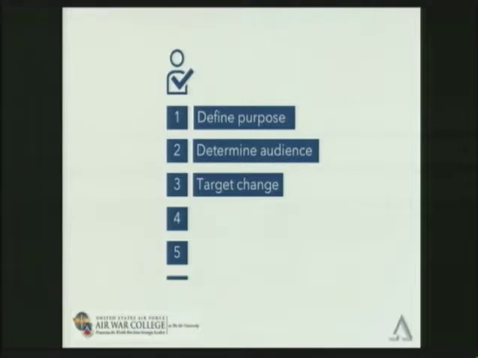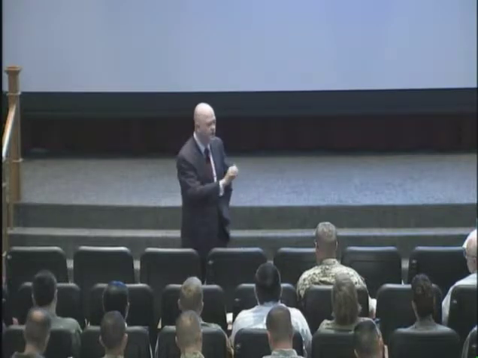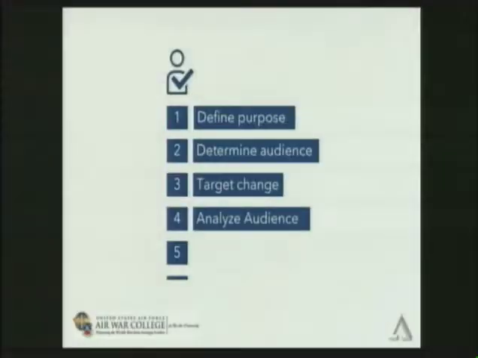These 3 steps are relatively easy. These 3 steps are very straightforward. All it requires is clear thinking, a little bit of insight, but it doesn't take a lot of time and it doesn't really take a lot of work. What takes time and takes work is the 4th step, and that is figure out as much as you can about what matters to the people you're trying to influence.